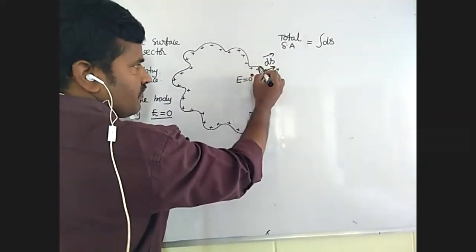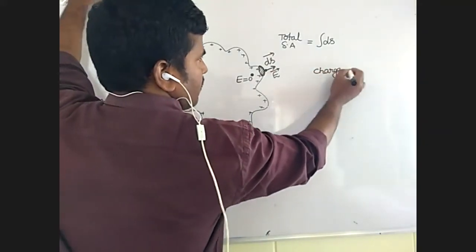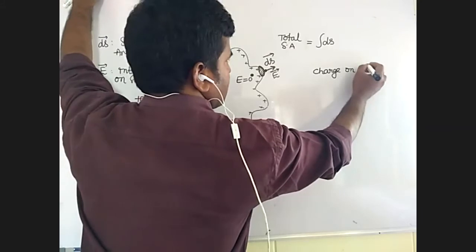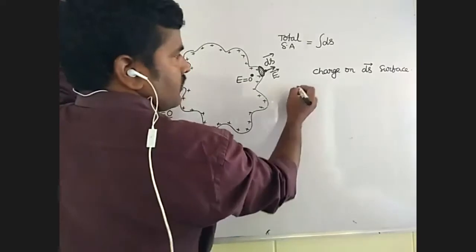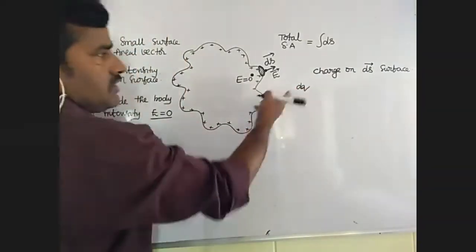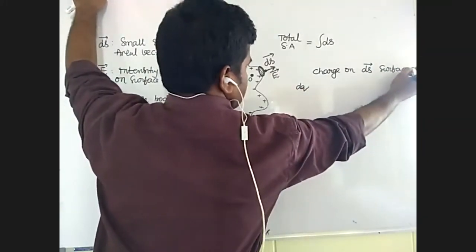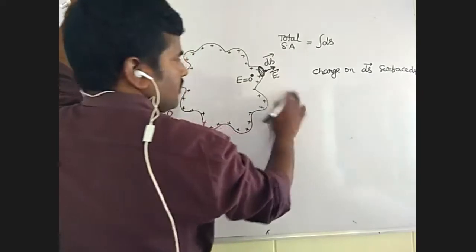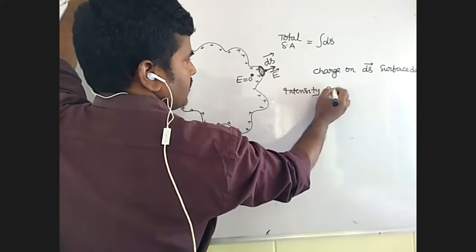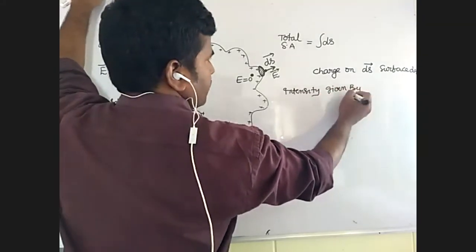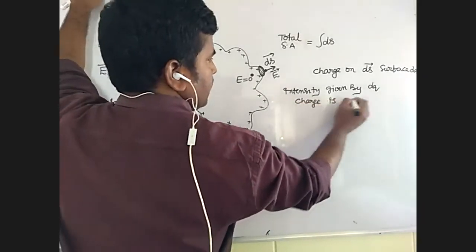The charge on the ds surface is dq. The intensity given by the dq charge is E1.